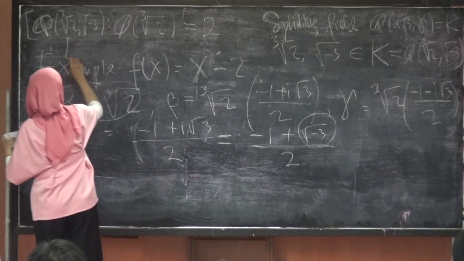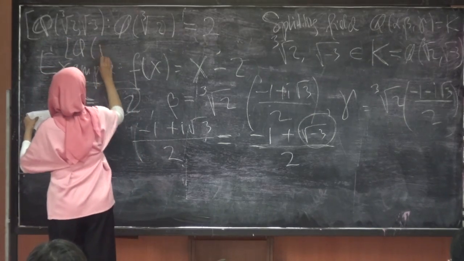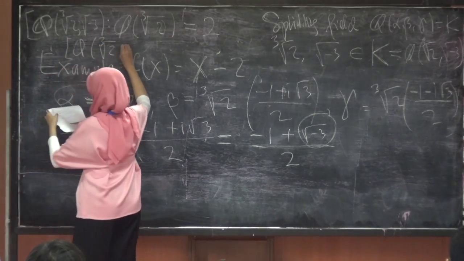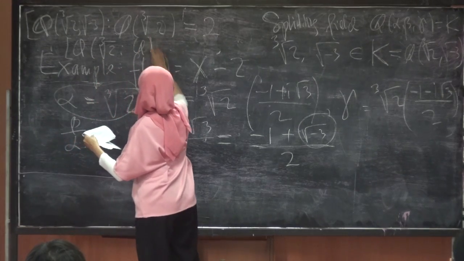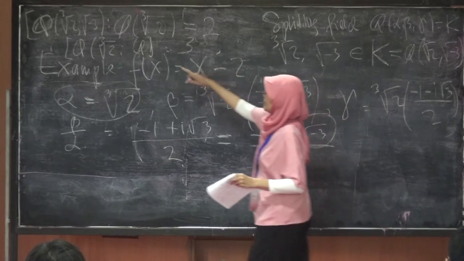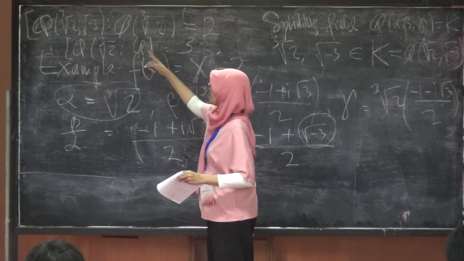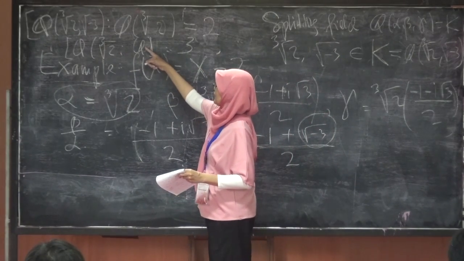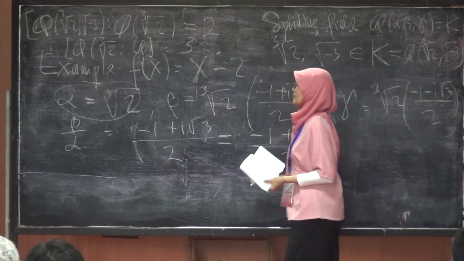And also we have Q adjoined the cube root of 3, and this extension field of Q has dimension 6.